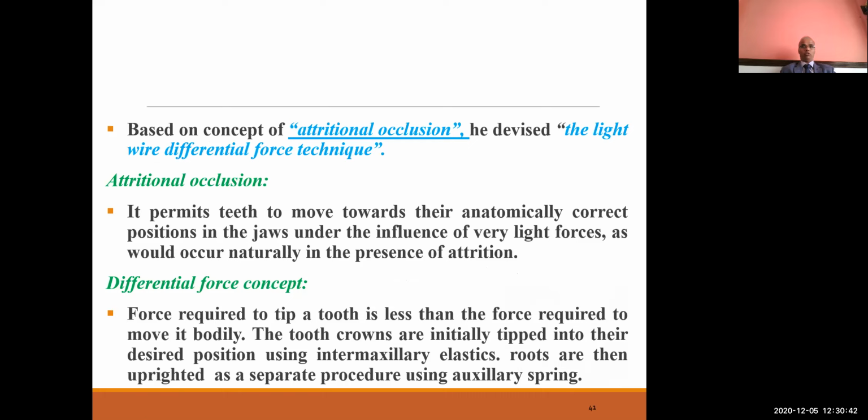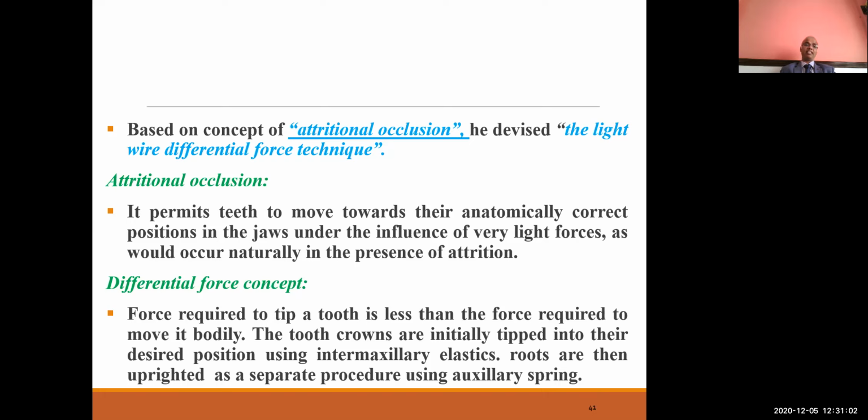What is attritional occlusion? It permits teeth to move towards their anatomically correct position in the jaw under the influence of very light force, as would occur naturally in the presence of attrition.